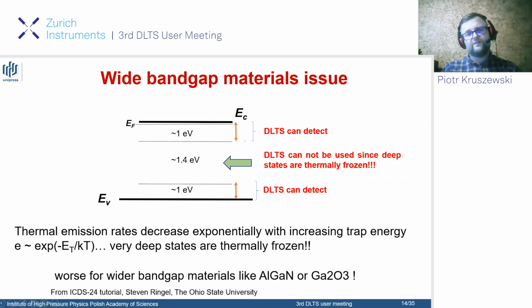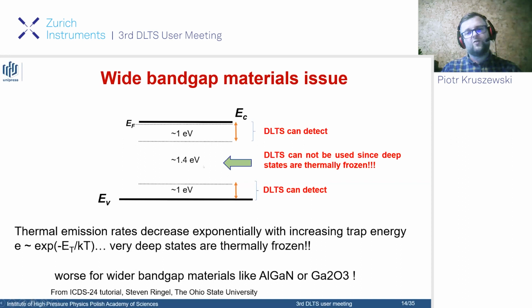So we know that the DLTS technique can detect only the trap levels which are located not deeper than 1 eV from the conduction band or 1 eV above the valence band. Most of the bandgap, which is 1.4 eV in gallium nitride, is left not scanned. We cannot observe this.